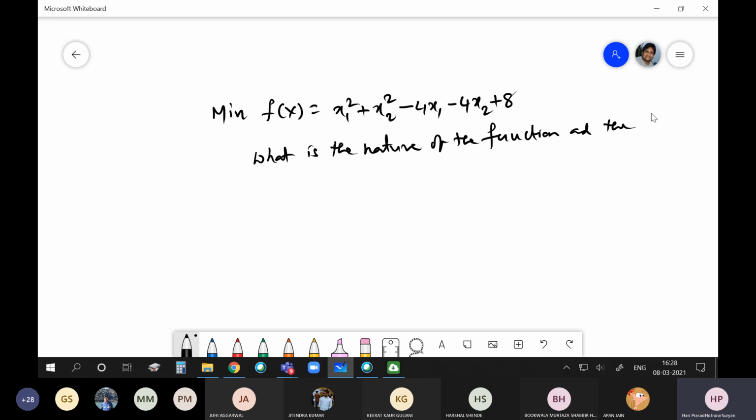So now what is the vector of x here? How many decision variables does this function have? 2. Please be interactive. So what are the decision variables here? Sir, 2. What are those?